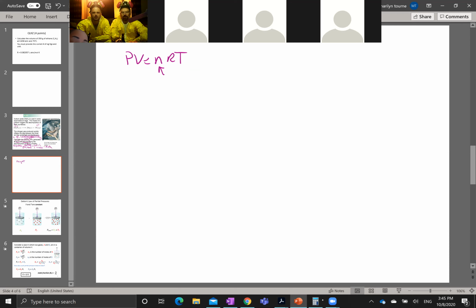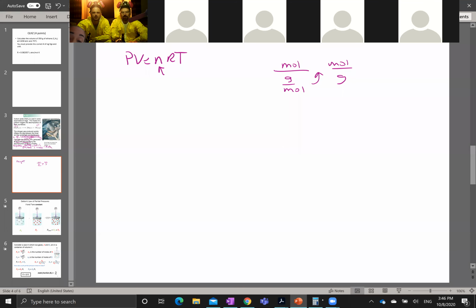Is it moles over molar mass? No, it's not moles over molar mass. If you did that, look what you're telling me to do: if I flip this equation, this is going to be moles over grams. How is that going to end up being moles? So it's not moles over molar mass. It's what over molar mass?